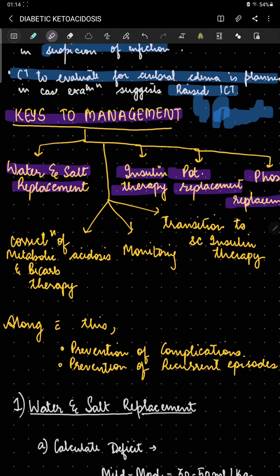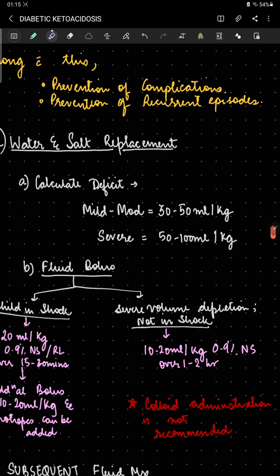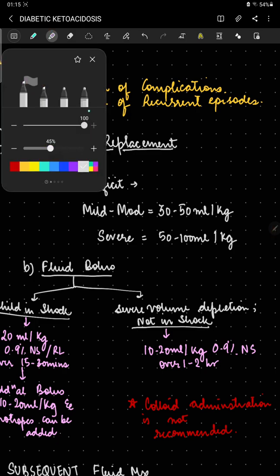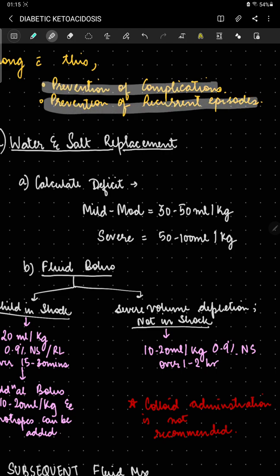After all this, we have to correct the metabolic acidosis and give bicarb therapy if required, monitor the child, and finally transition the child from IV insulin to subcutaneous insulin therapy, right? Along with this, don't forget that we have to prevent any complications of diabetic ketoacidosis, and also prevent recurrent episodes of DKA.